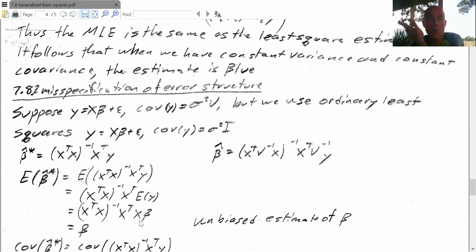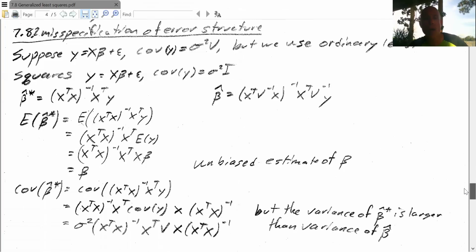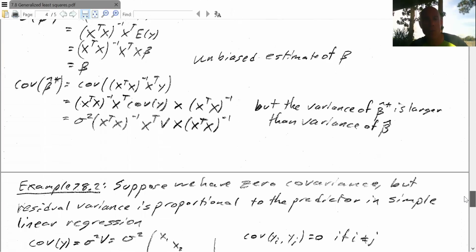So that doesn't change, and I can see that all of this cancels out and I get beta. So either way, if either version of the coefficient estimate is used, I get an unbiased estimate. That's nice. That should be reassuring. That way, if we make a mistake on the covariance structure between our residuals, it's not the end of the world.